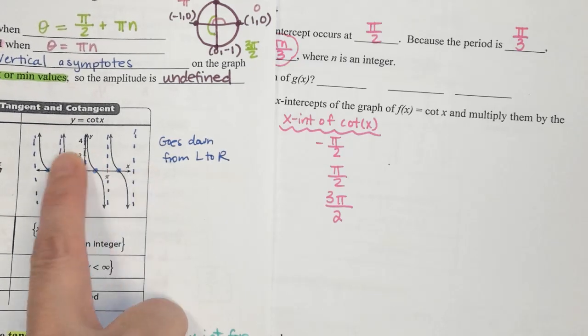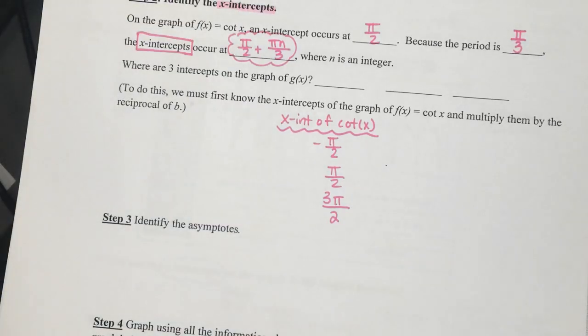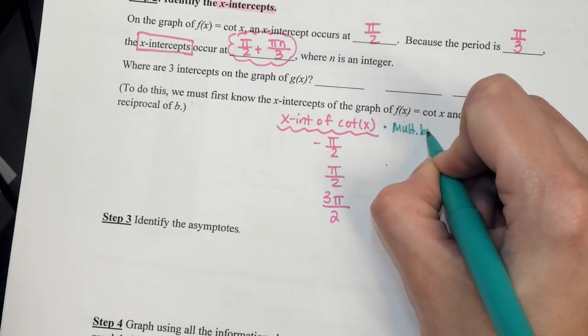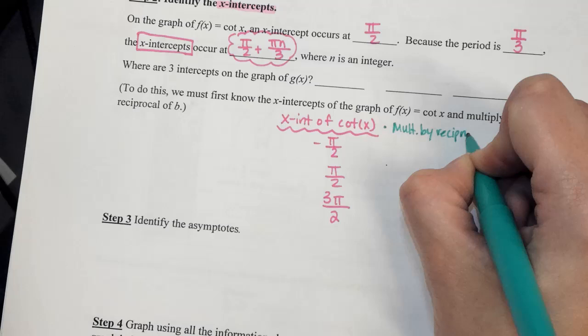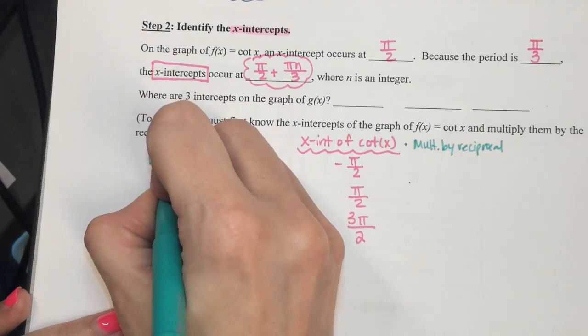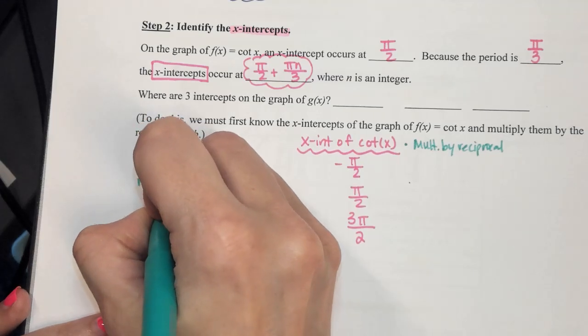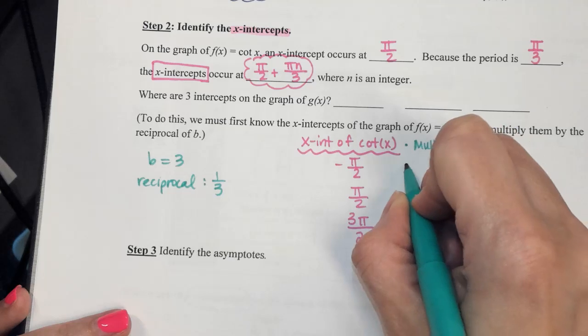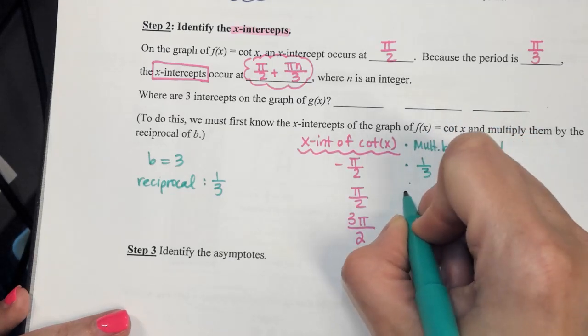Okay, we're just taking those from the parent, and then we're multiplying by what? Multiply by, and yeah, so if b is 3, what's the reciprocal? 1/3. Okay, so we're going to take all of these and multiply by 1/3.